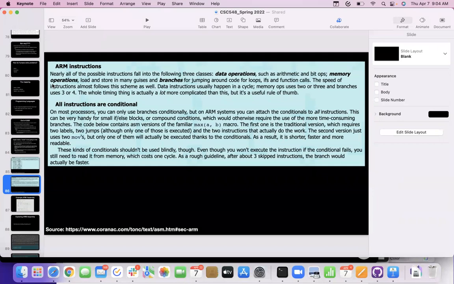So this is just giving us an idea of the cost of different instructions. Data instructions happen quickly, memory happens a little bit more slowly, and branches happen even a little bit more slowly. It's saying it's more complicated than this, and I'm sure it's significantly more complicated than that, but that gives us a kind of pecking order.